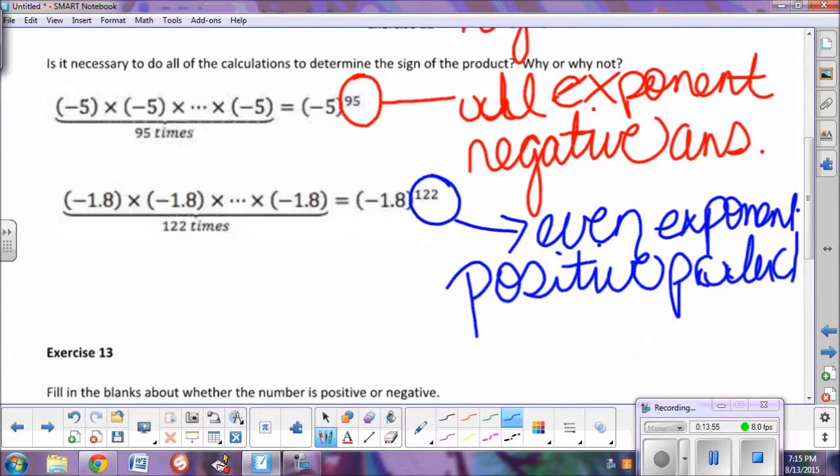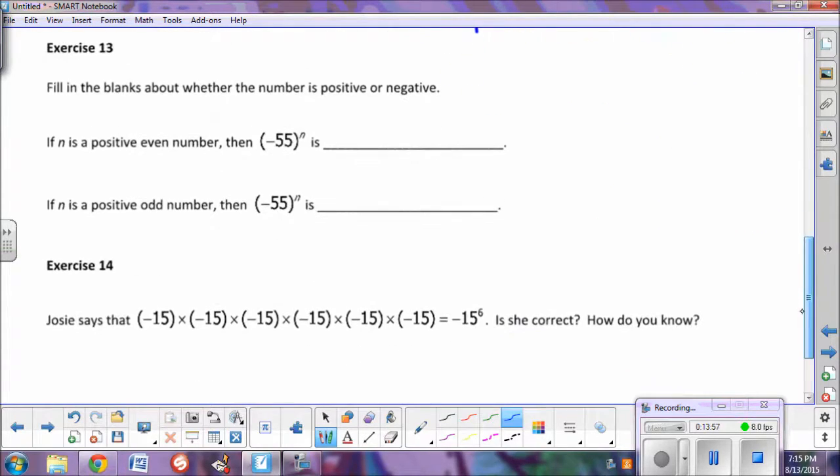Okay. And the last part of this, it says fill in the blanks whether the number is positive or negative. So it says if n is some even number, -55 in parentheses to the nth power, if it's an even number, our final answer should be positive.